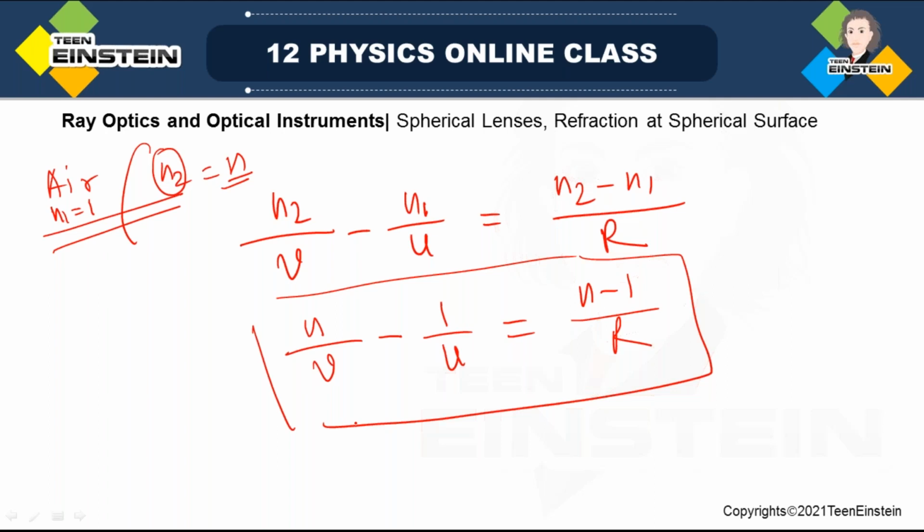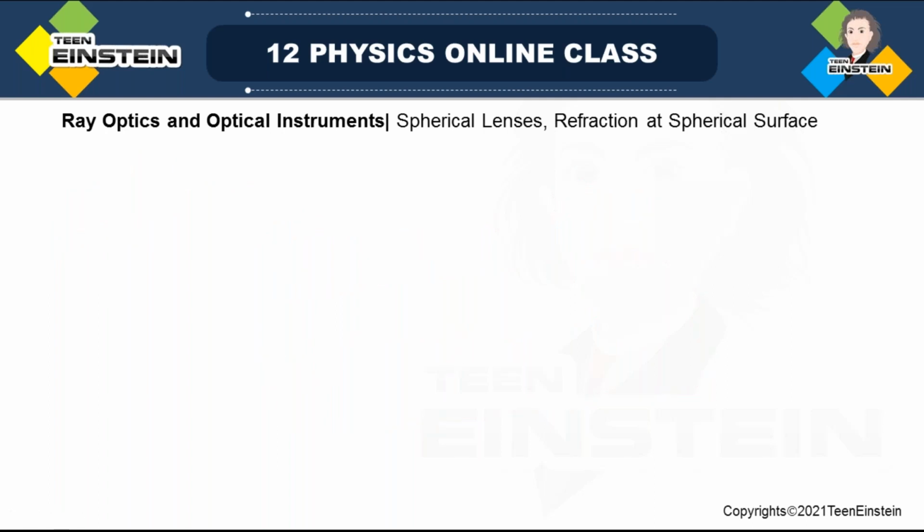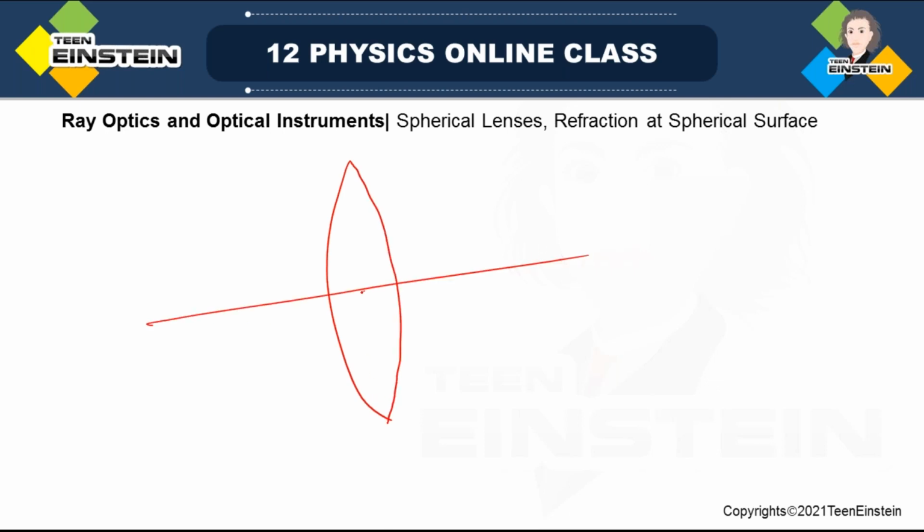And then, see, why do we learn this first? Because in spherical surfaces you have only one interface, but in case of a lens you have two interfaces like this. So we have to use that formula for both the surfaces. I'll just give you a clue.